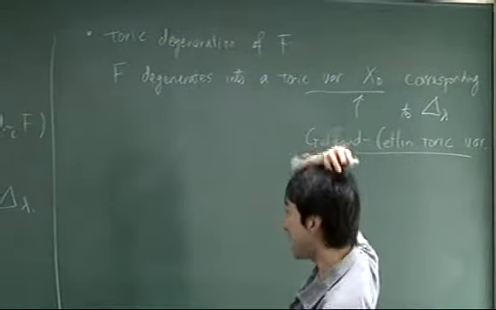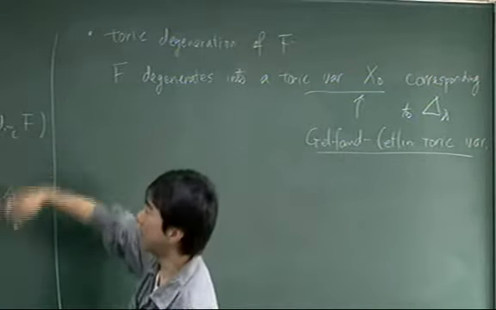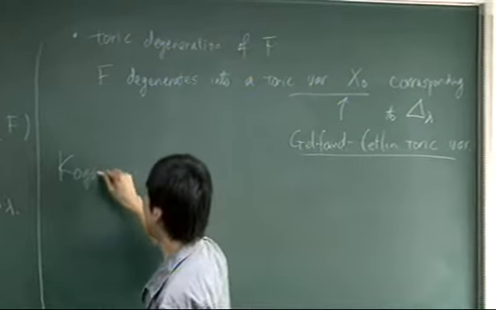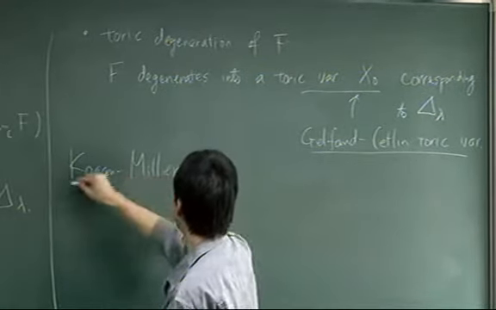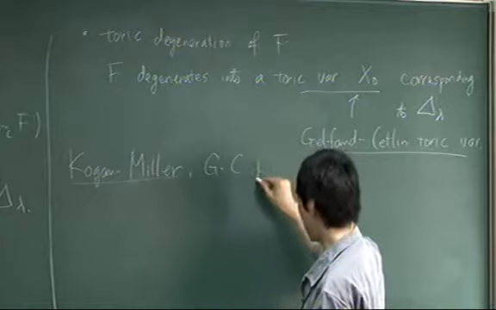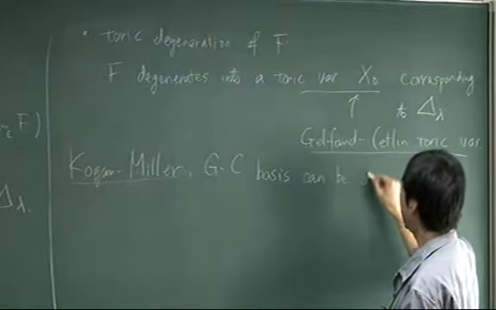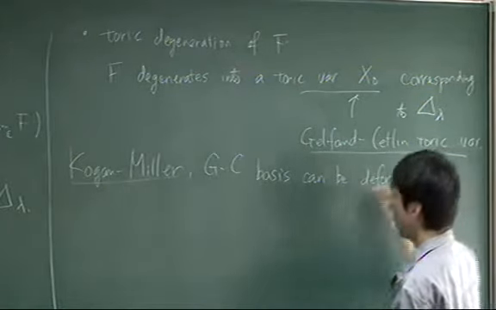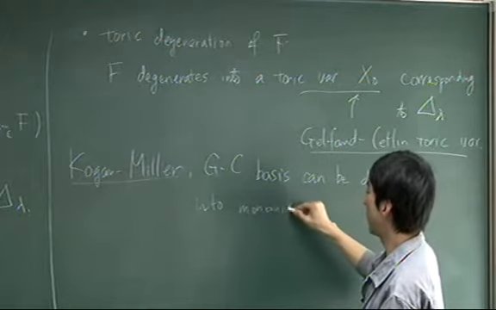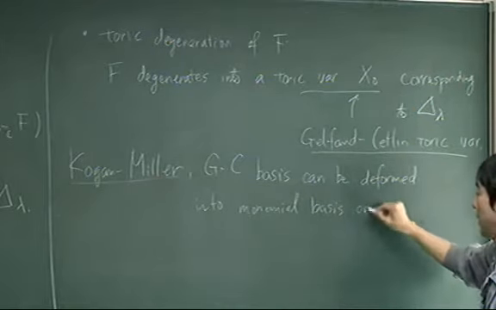And I think it is natural to ask for the relation between these two structures and the corresponding structure on this toric variety. And Kogan and Miller show that the Gelfand-Cetlin basis can be deformed into a monomial basis on these toric varieties.